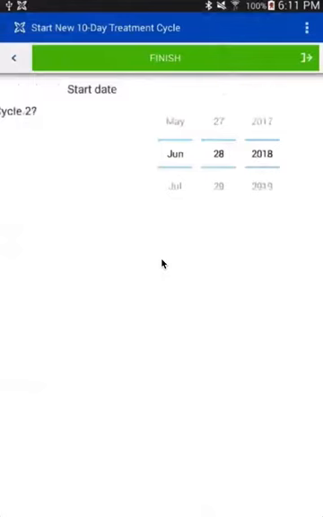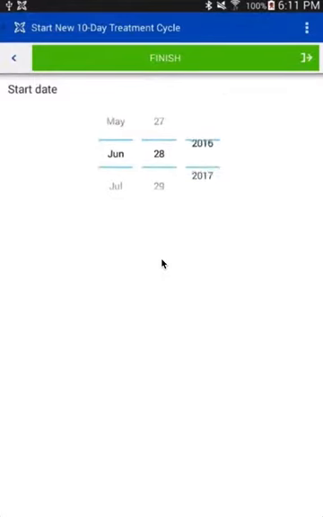So if we remember, this patient was admitted on January 21st of 2011. So the patient went a full treatment cycle of 10 days, which started on the day after the admission, on the 22nd. So we have 10 days.